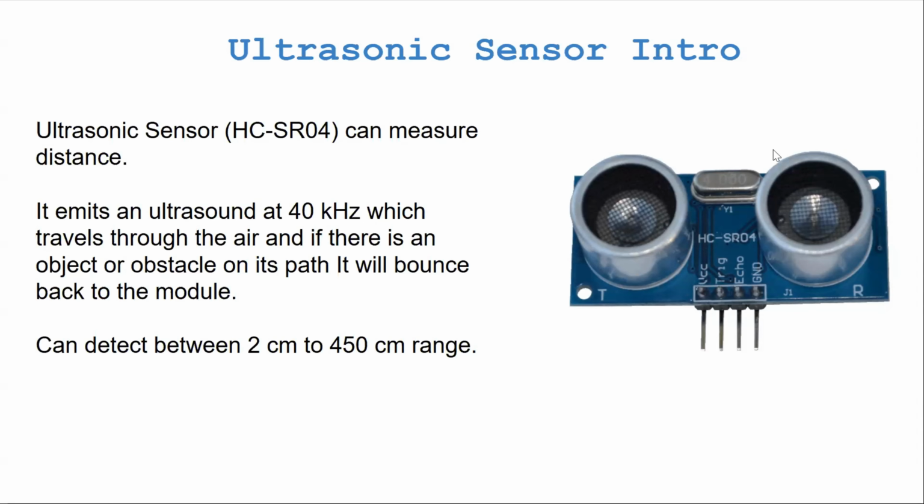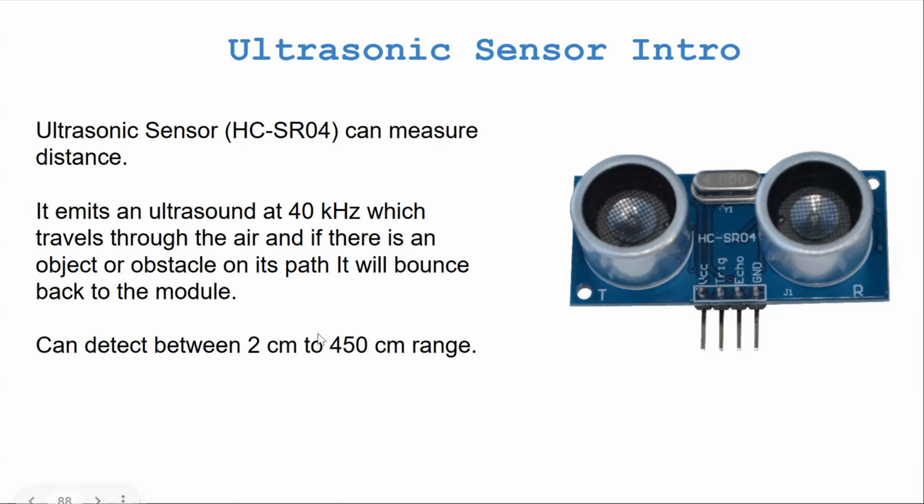I already told you that it emits ultrasound at 40 kilohertz, which travels through the air. The main principle of the ultrasonic sensor is that it sends a sound wave to the nearby object, detects the object, and the wave has to come back. That's why it is traveling two times.